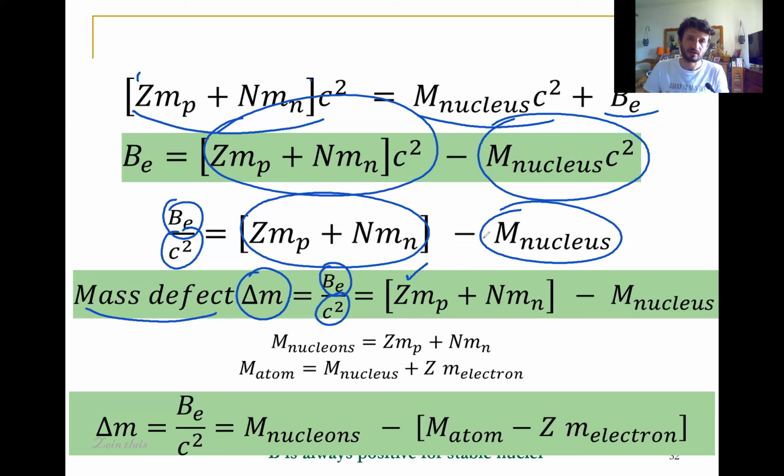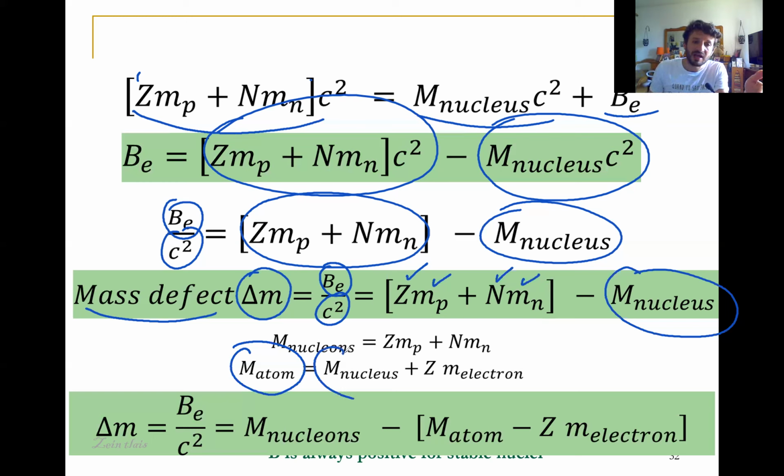You have the proton number, you have the mass of the proton given, the number of neutrons, the mass of neutrons given, but we don't have the mass of the nucleus. In order to calculate M nucleus, we can say the total mass of the atom equals the mass of the nucleus plus the cloud of particles, the masses of the electrons outside the nucleus.